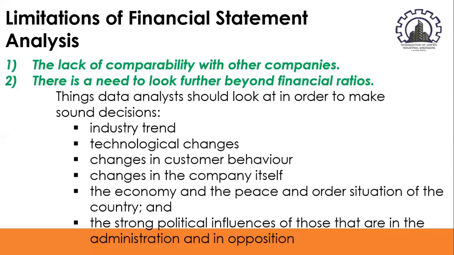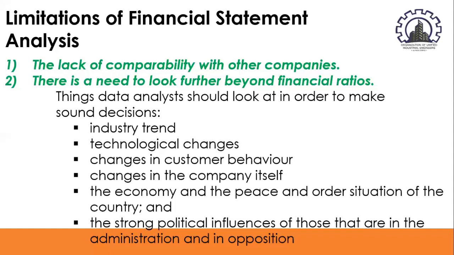Therefore, the analyst should look at other data in order to make a sound decision, such as industry trend, technological changes, changes in customer behavior, changes in the company itself, the economy and the peace and order situation of the country, and the strong political influences of those that are in the administration and in opposition. Okay, so these are the two limitations of financial statement analysis.